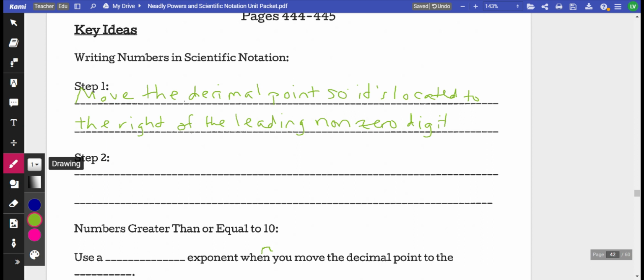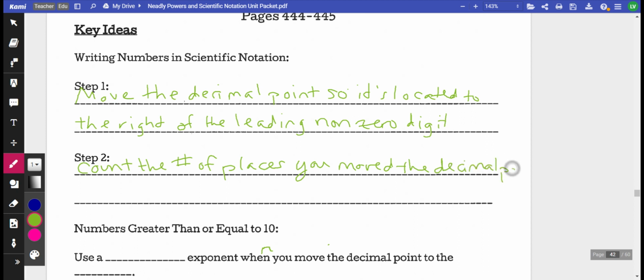All right, step number 2 is to count the number of places you moved the decimal point. This is going to indicate the exponent of the power of 10, which will be shown below. So we are going to count the number of places you moved the decimal point.